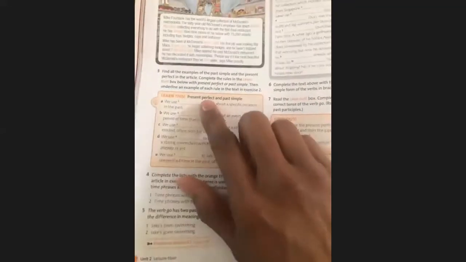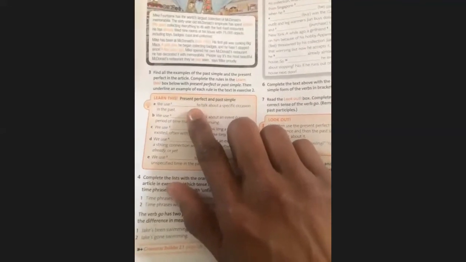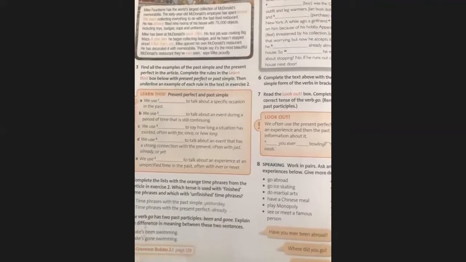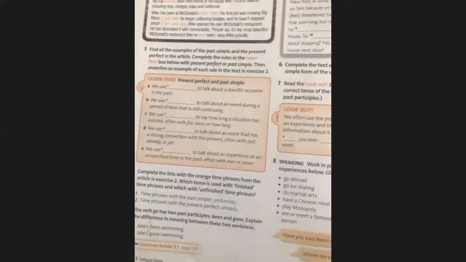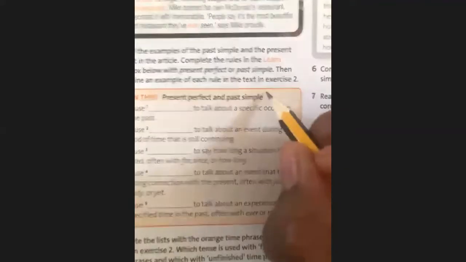A lot of you got it wrong on the review because they asked you to use present perfect and people were putting the past simple. And that's wrong. So if they ask you for present perfect, remember you have to use have. You're going to use have and not did. For past simple, did.